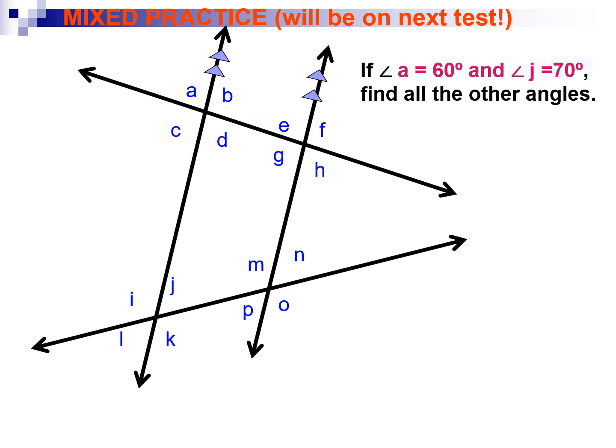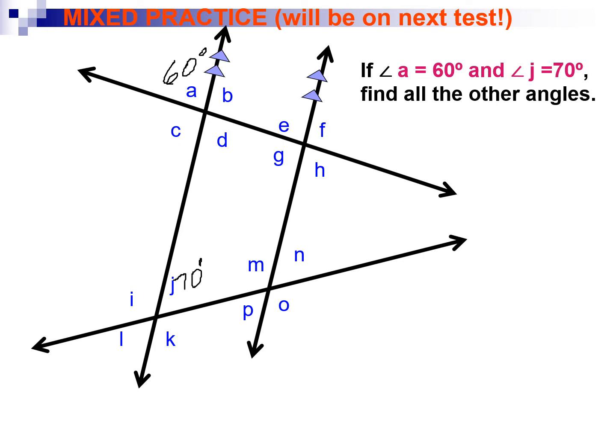Okay, so now we're going to start mixing it up and seeing if we can find the missing angle. Now, just like everything else, sometimes they'll give you things in the drawing, sometimes they want you to put things in the drawing. So here, they're wanting you to put in angle A is 60 degrees, and angle J down here is 70 degrees.